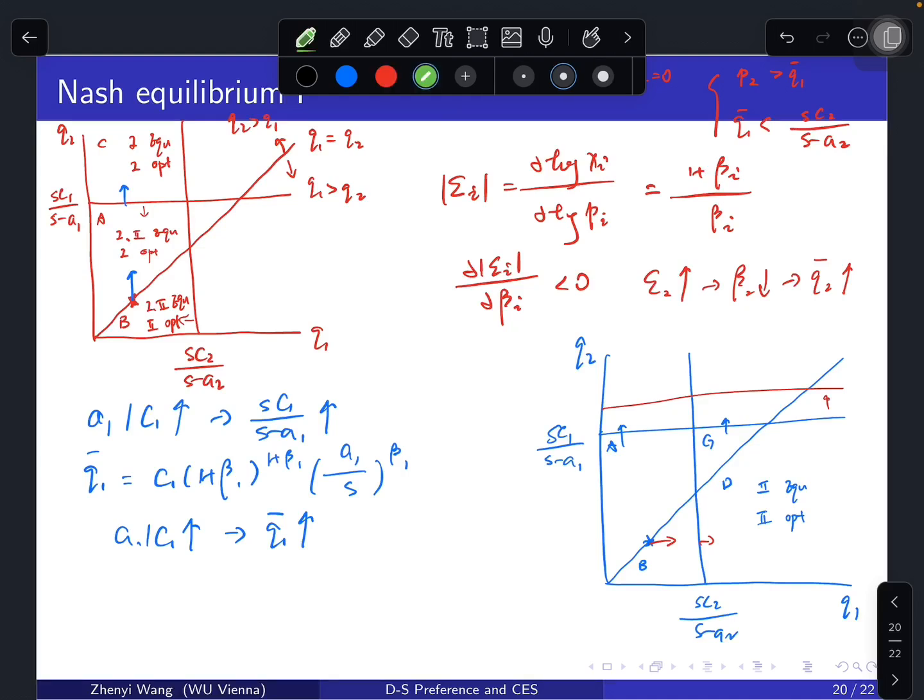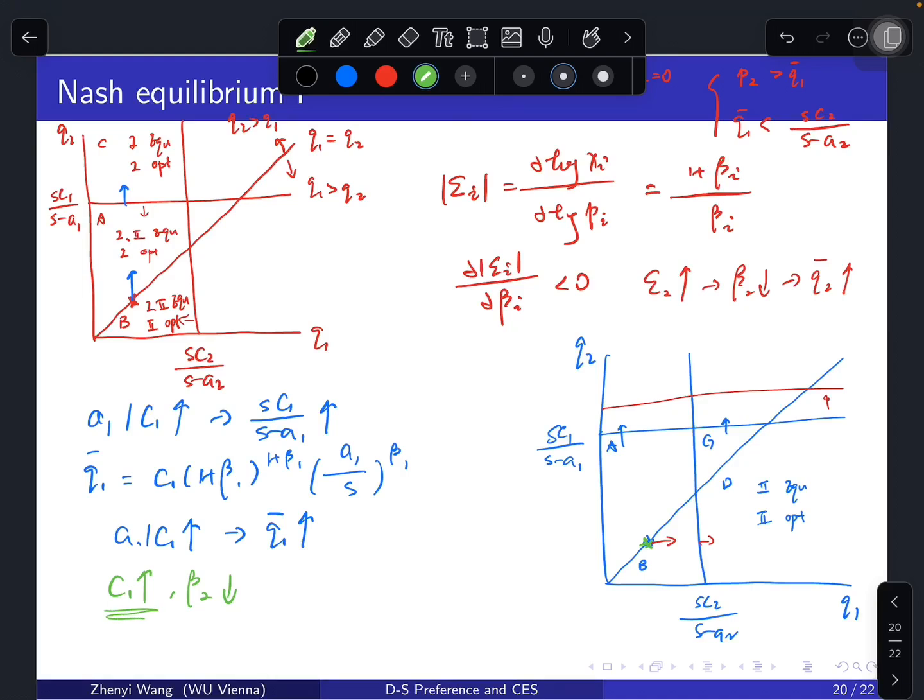Let's say the third example, the last one: if the first two cases happened at the same time, it means that the variable cost of producing C1 increased and beta 2 decreased, and again we start from the equilibrium point on the 45-degree line.